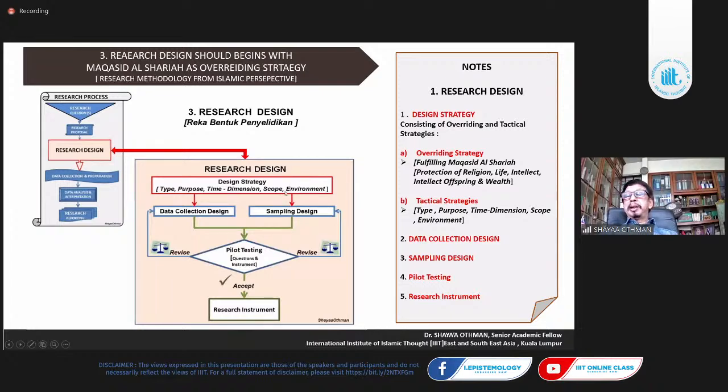Is it a laboratory environment, a social environment, and so on? These are what you need to know. And after that, it is sample design, and then data collection design. After you determine the two, you do pilot testing and then the research instrument to collect. Now let us go into research design.